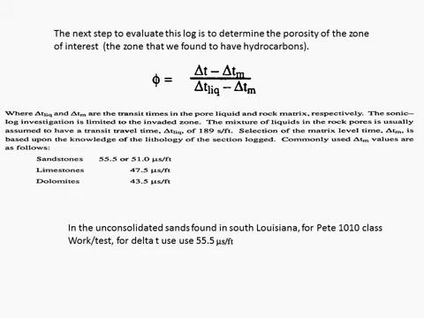In the unconsolidated sands found in South Louisiana for class work tests, for delta T matrix, use 55.5 microseconds per foot. If we were looking at a formation in Colorado or Wyoming where the sandstones were well cemented together, we might use 51 microseconds per foot.